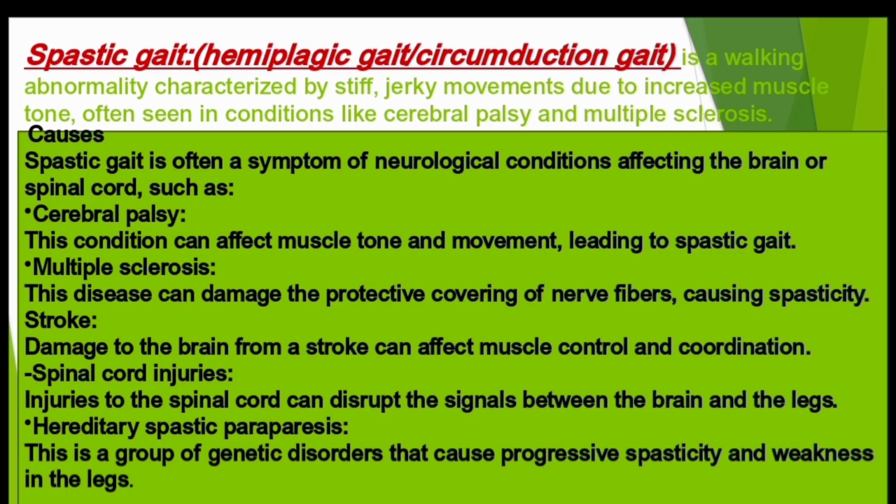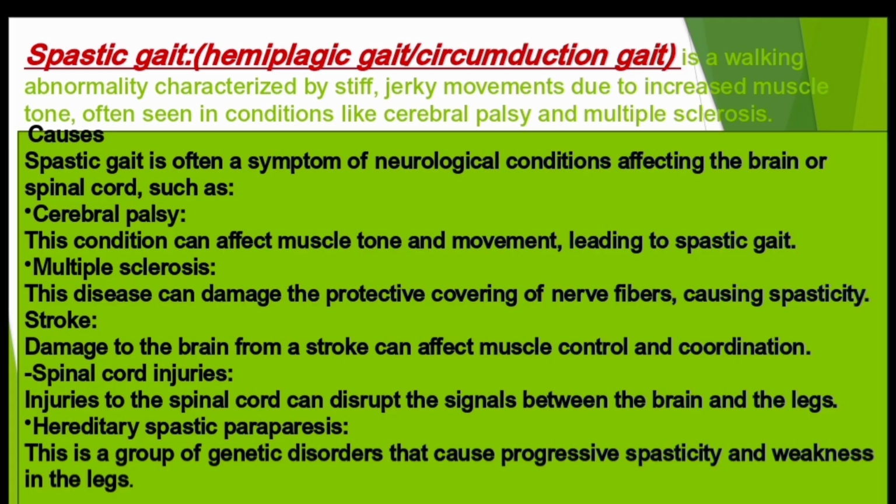It's a walking abnormality characterized by stiff or jerky movements due to increased muscle tone, often seen in conditions like cerebral palsy and multiple sclerosis. So causes: spastic gait is often a symptom of neurological conditions affecting the brain or spinal cord, such as cerebral palsy, multiple sclerosis, and damage to the brain from a stroke.